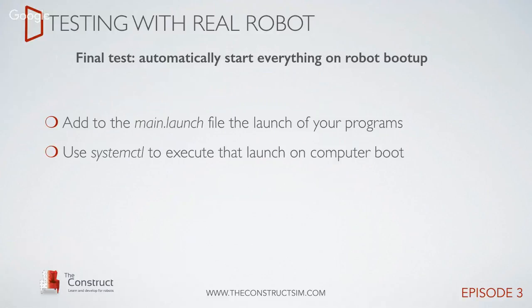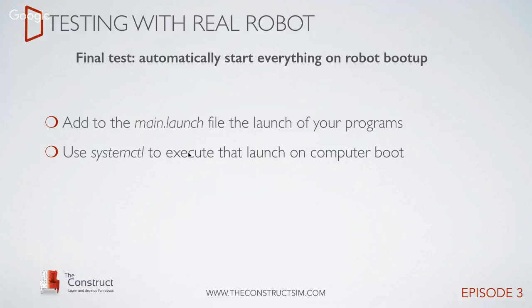It means when the computer boots, Linux goes to something that is called systemctl. That is a system that allows you to execute things, scripts, when the robot is booting up. So during that booting up is when you have to put this main launch to be executed.